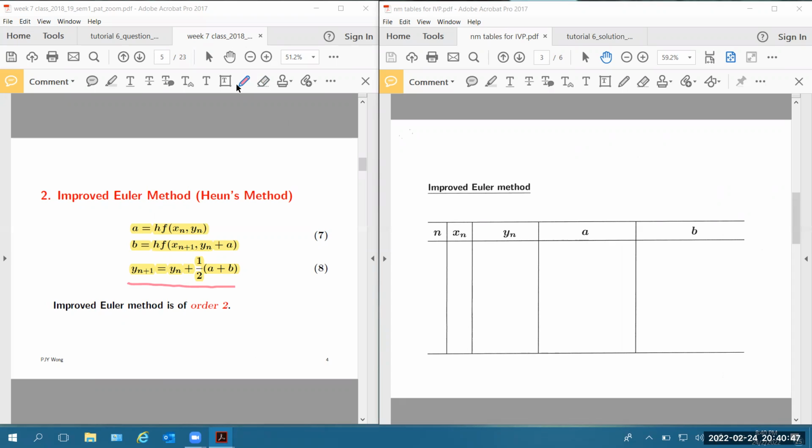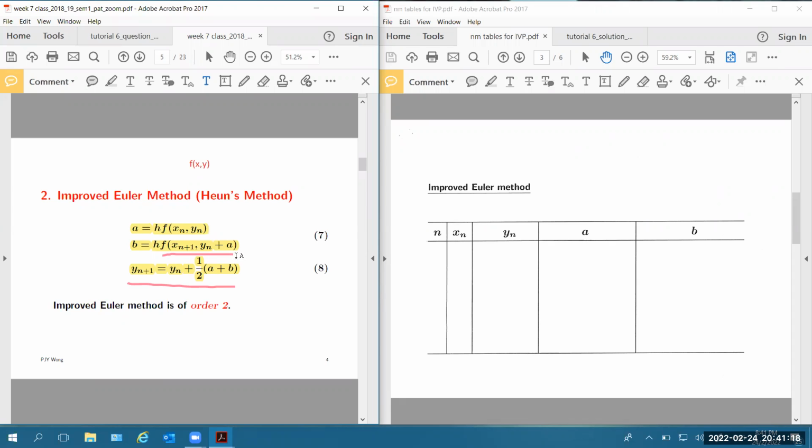Just to ask you a simple question once again: how would you write down this thing? Just now this f(xn, yn), you know already. Then what about this f(xn plus 1, yn plus a)? What is the meaning? You have your function f(x, y).